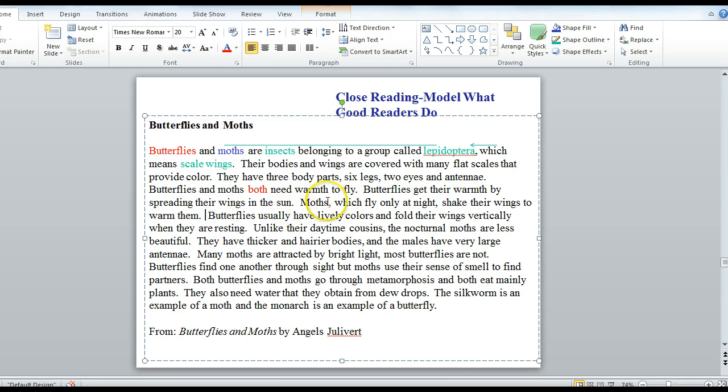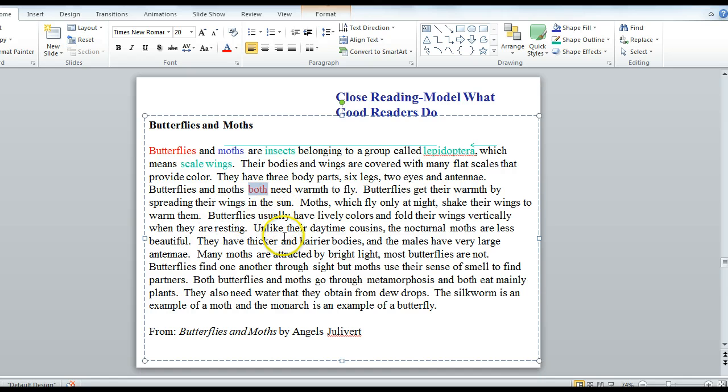Again, as a reader who understands grammar, I know that this word has set this up so that we're going to be looking at a comparison and contrast piece of text here. And right away I would make a chart or a Venn diagram and start putting notes in there as to what's what. So right now I know they both need to be warm, but butterflies get warm by spreading their wings, whereas moths get warm by shaking their wings.